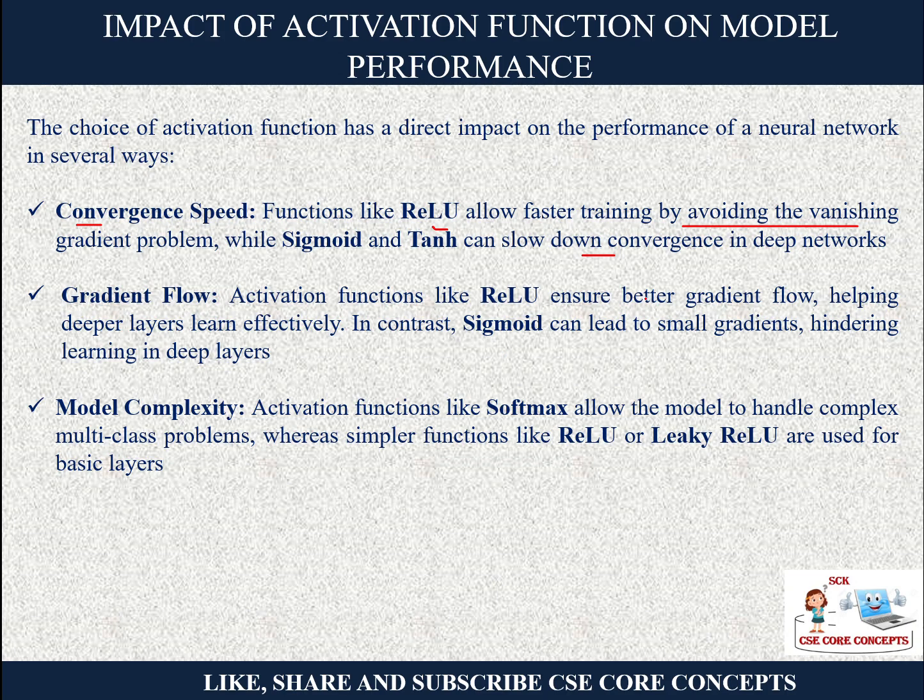ReLU ensures better gradient flow because it will learn fast, understood? In sigmoid it can lead to very small changes. Then model complexity: softmax allows the model to handle complex multi-class problems, which you cannot get in sigmoid. Simpler functions like ReLU and leaky ReLU are used for basic layers.